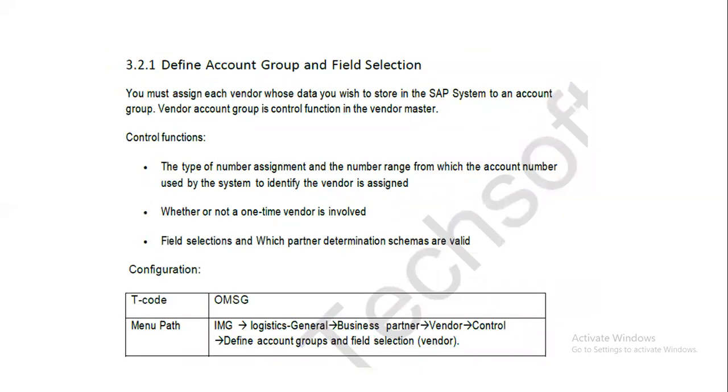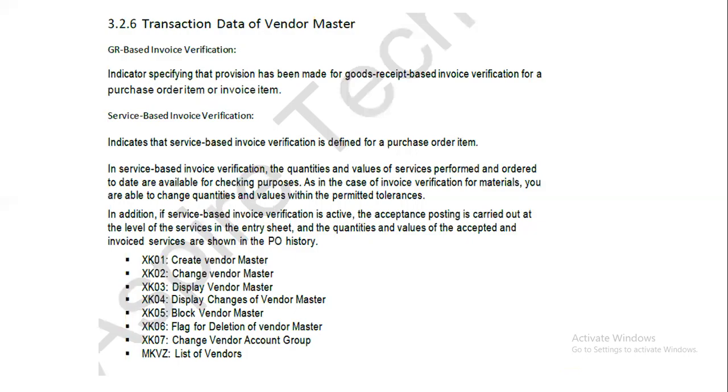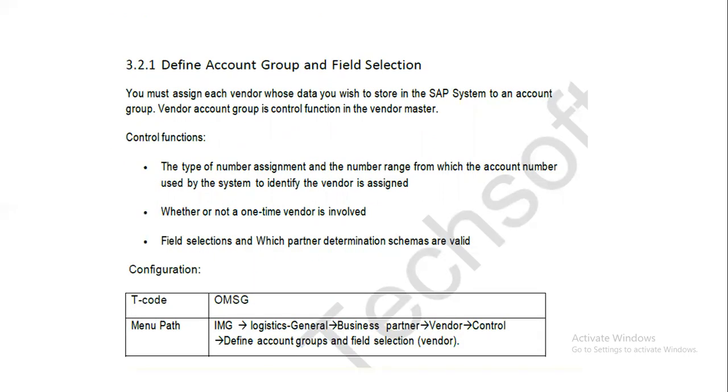For defining a vendor, we have to first create the vendor account group. For creating a vendor account group, we have a path: IMG, Logistics General, Business Partner, Vendors, Control, Define Account Group.